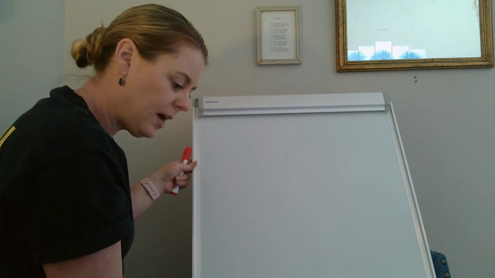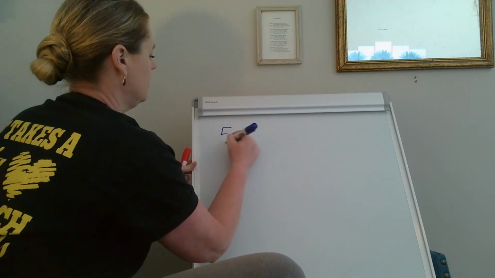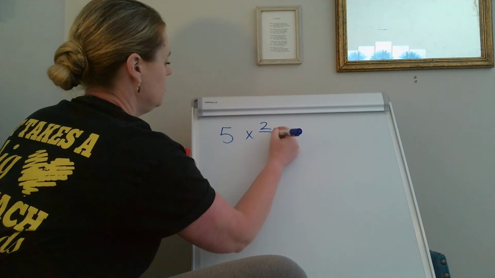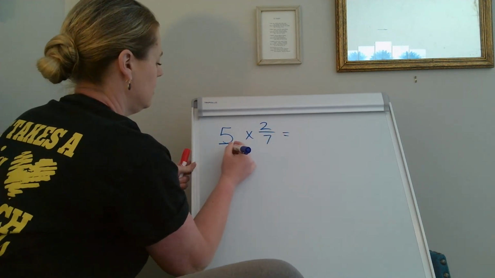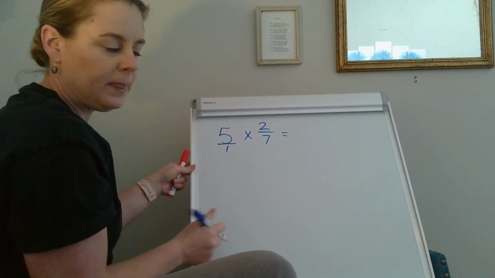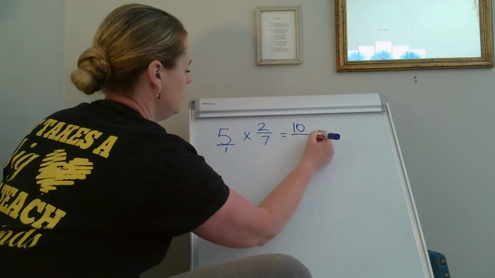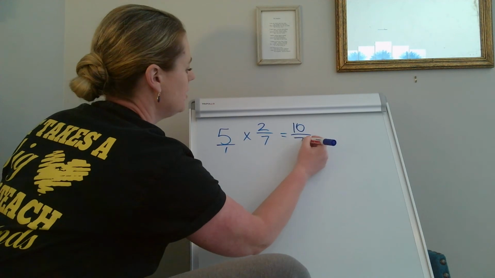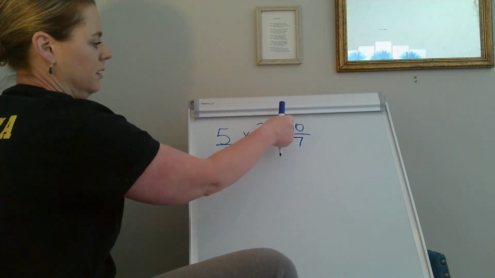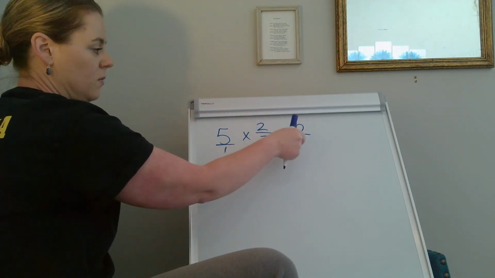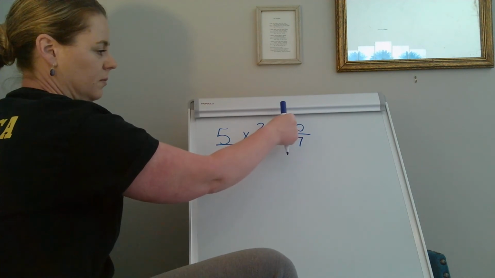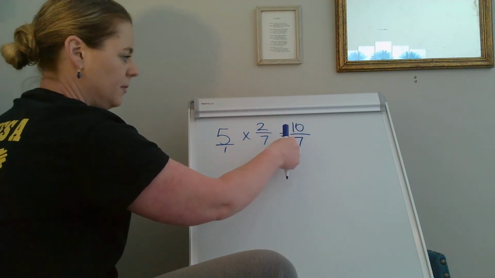So the next one, 5 times 2 sevenths. Okay, whole number goes over 1. Multiply straight across. 5 times 2 is 10. 1 times 7 is 7. Whole number, so it's greater than 1. So the numerator is greater than the denominator.